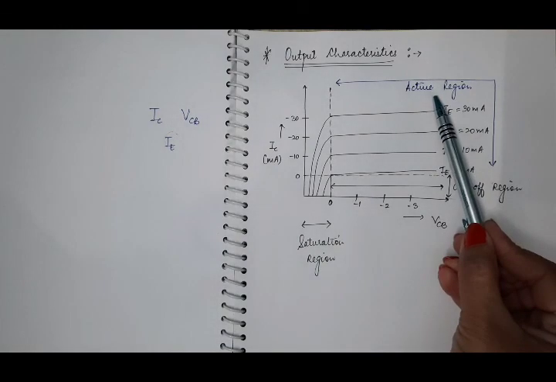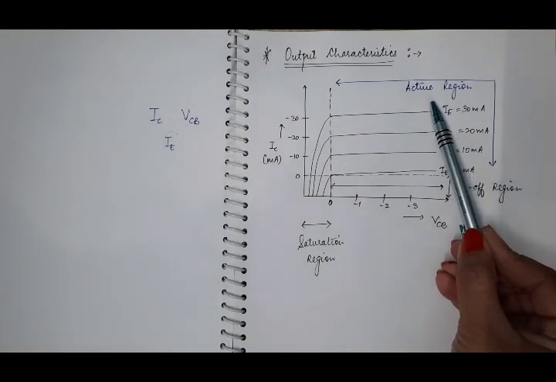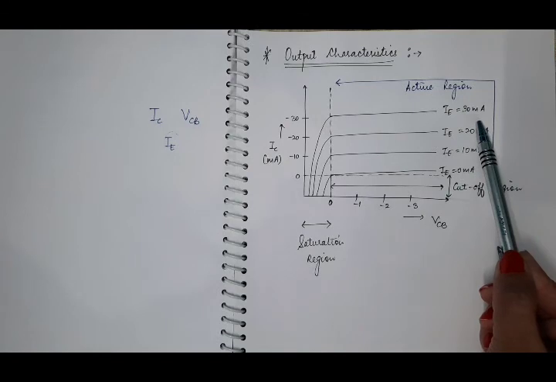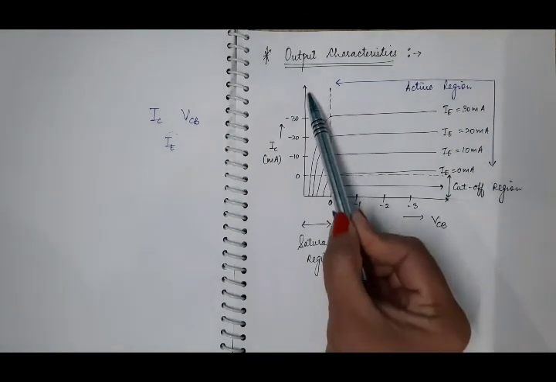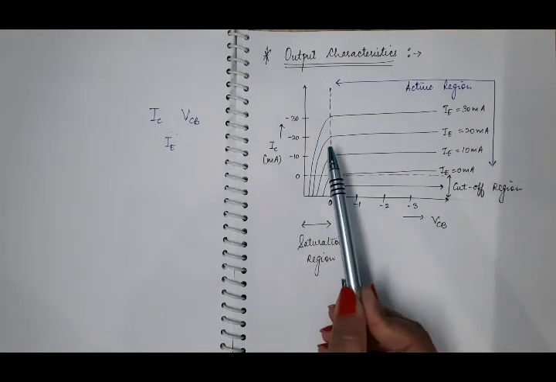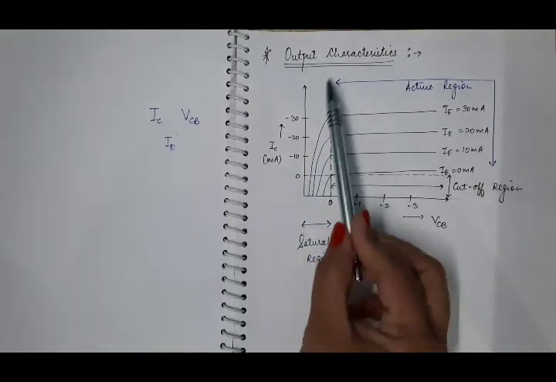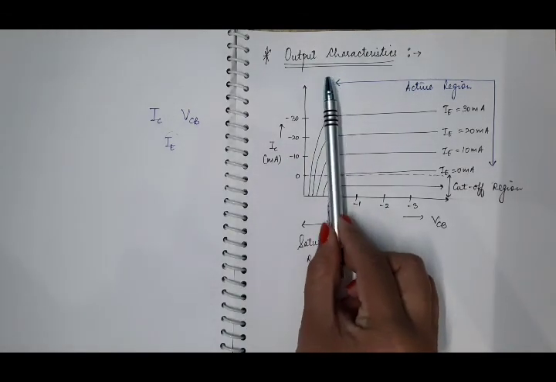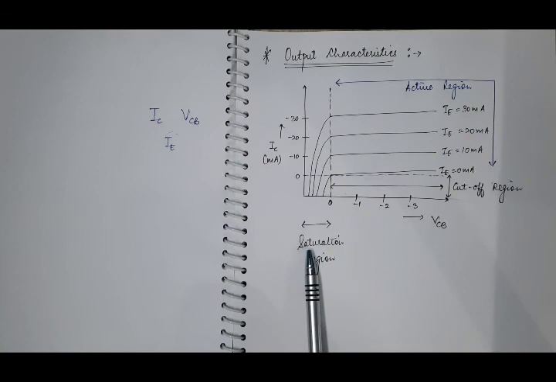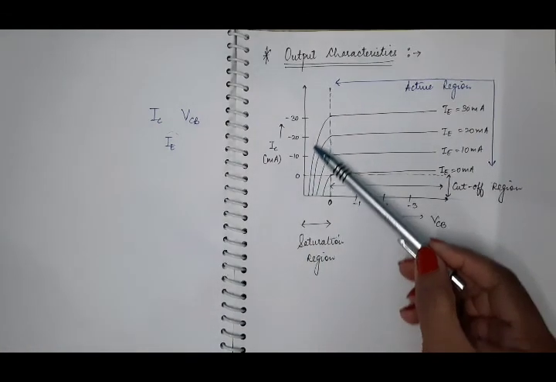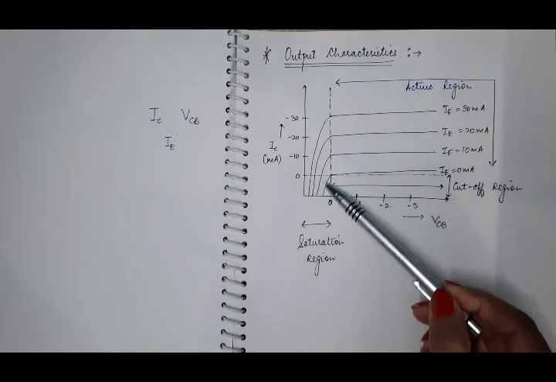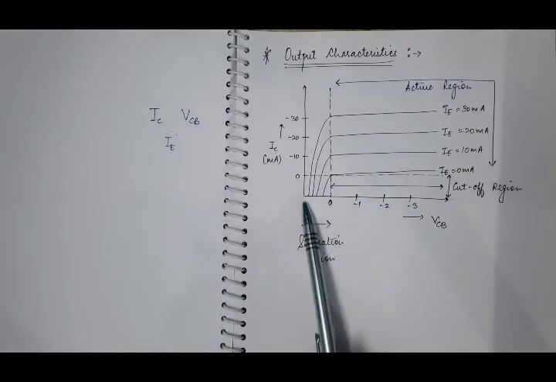In this region, we already know the input junction is forward biased and the output junction is reverse biased. And this region on the left hand side of the y-axis, this is the actual y-axis, on the left hand side of this we have the saturation region. Why? Because here the output current rises rapidly with collector base voltage.